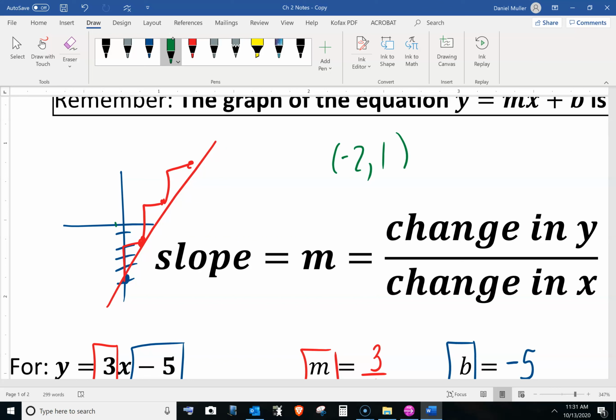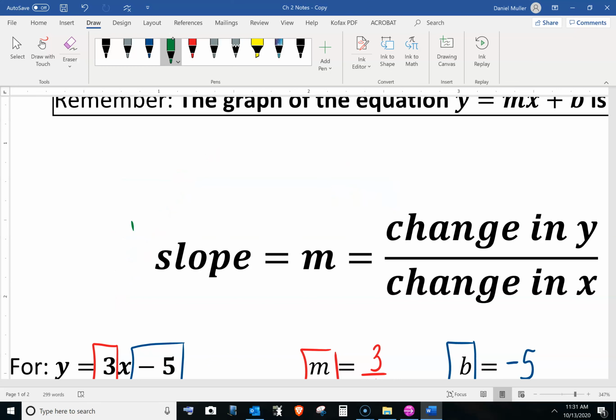You look, 1, 2, up 1. Is that point on the line? No, it's not. Is the point 4, 1 on the graph? You get 1, 2, 3, 4, up 1. Yes, it is on the graph. We're going to be looking at that, but without actually doing any drawings.